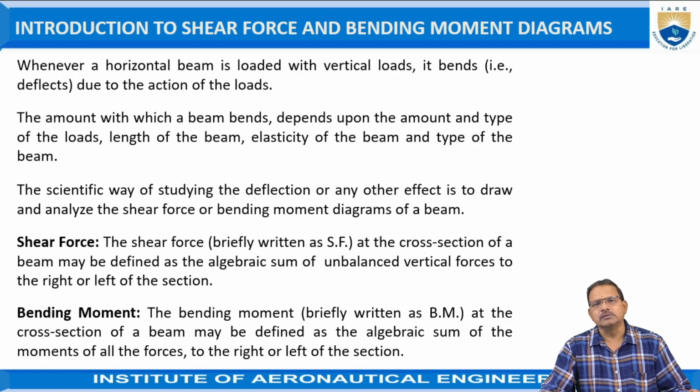The amount by which the beam bends generally depends upon the amount as well as the type of the loads, the length of the beam, the elasticity of the beam, and the type of the cross section of the beam.